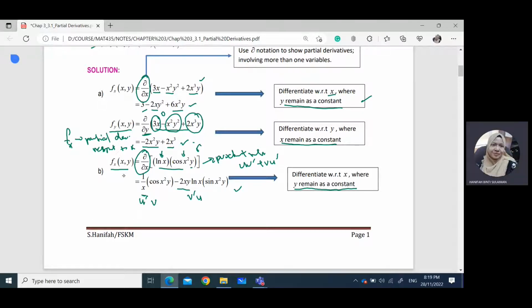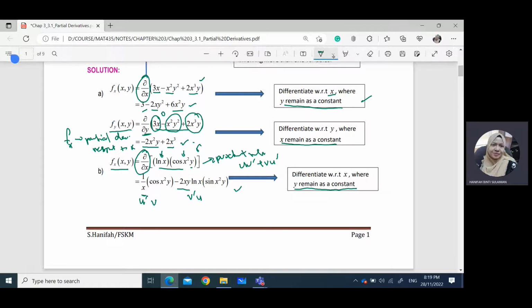So when you differentiate with respect to x on cosine of x squared y, the answer is negative sine of x squared y. Inside here we have another function, which is x squared y, so we multiply with the derivative with respect to x on x squared y.